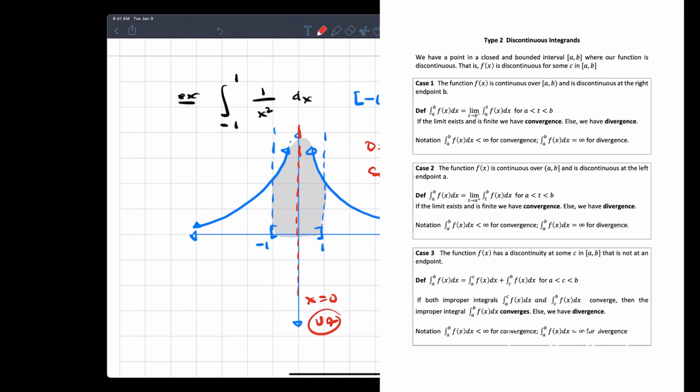So what do we do in this case? Well, here's what you guys do. You're going to create 2 improper integrals like you did yesterday.